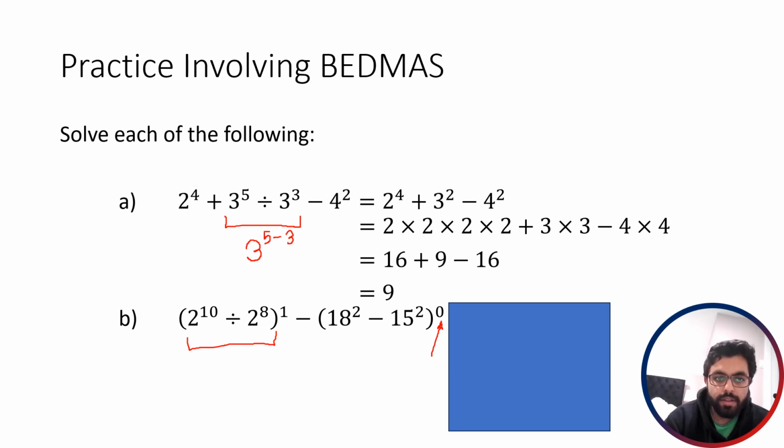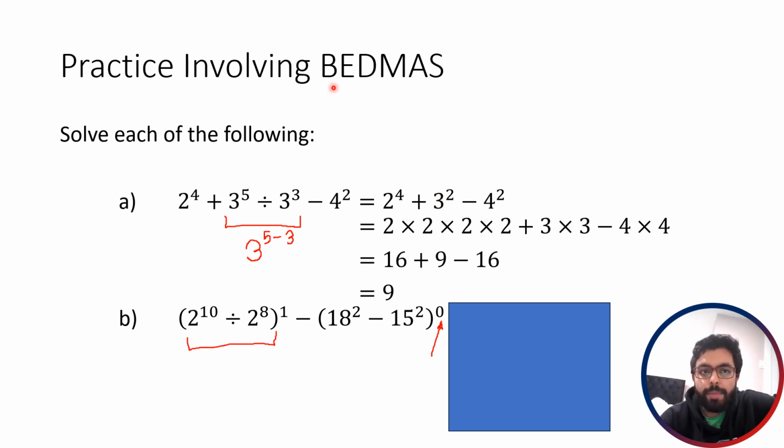So this middle bit here of 3 to the exponent 5 divided by 3 to the exponent 3, we can write as a single power of 3 to the exponent 2, because it's 5 minus 3 for the exponent. So that's where we get this 3 to the exponent 2 right here.